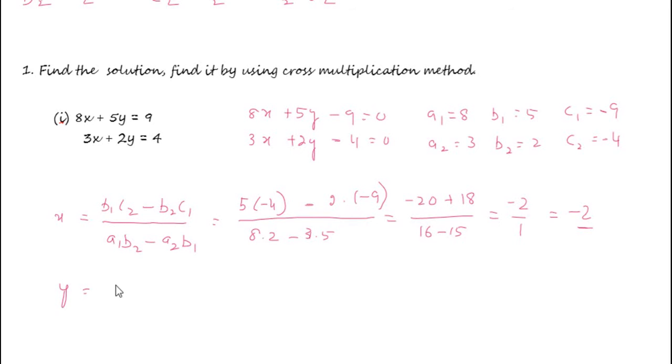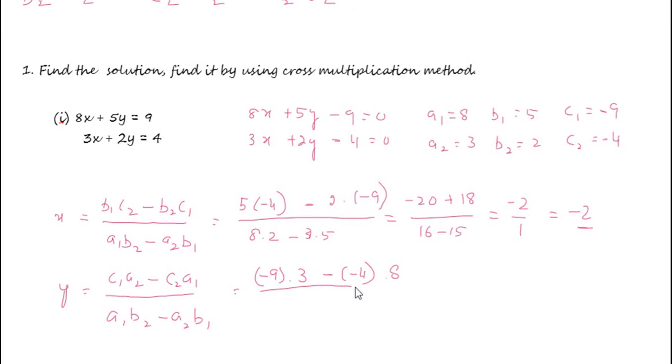Y, what is the formula for y? Y equal to c1 a2 minus c2 a1 divided by the same as x, that is a1 b2 minus a2 b1. So now c1 a2, c1 is minus 9, a2 is 3, so minus 9 into 3, minus c2 a1, c2 is minus 4, a1 is 8, so minus 4 into 8.